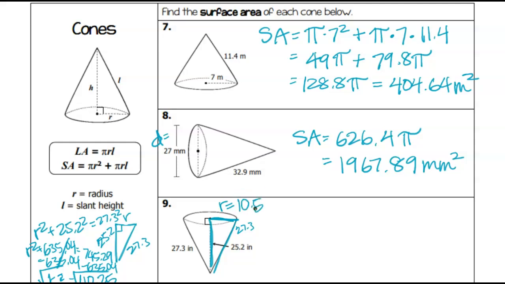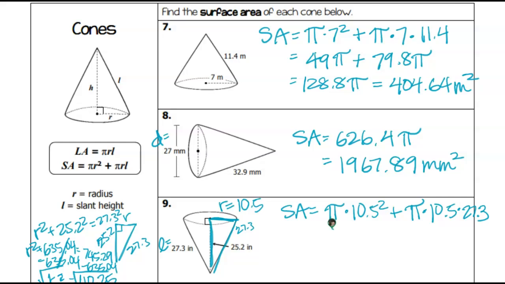So now I'm ready to plug that in. I'm going to have surface area equal to pi r squared, so pi times 10.5 squared, plus pi rl. Remember, L is going to be the slant height here. So pi times 10.5 times L, which is 27.3. Okay, I work that all out.